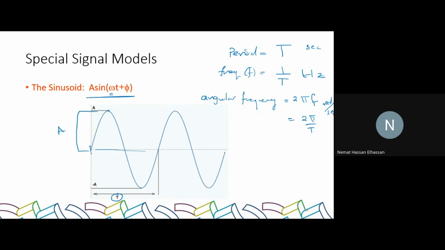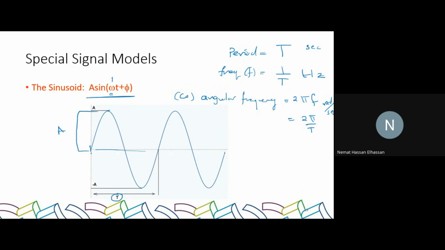So if you know T, you can find f and omega. The angular frequency is called omega. If you know f, you can easily find T and omega. If you know any of these three values, T, f, or omega, you can find the other. So this omega over here represents this angular frequency.